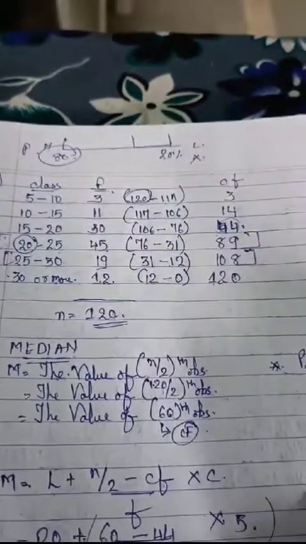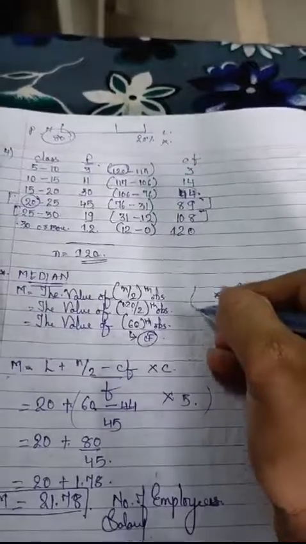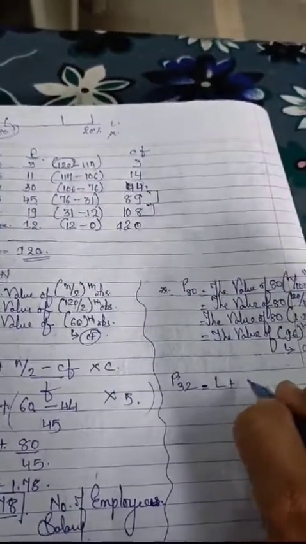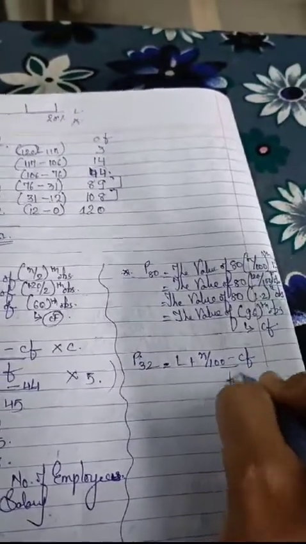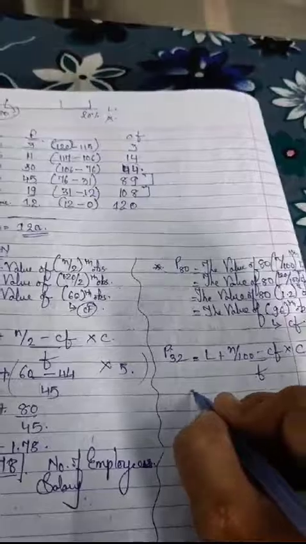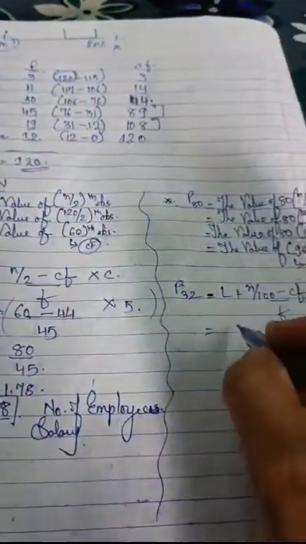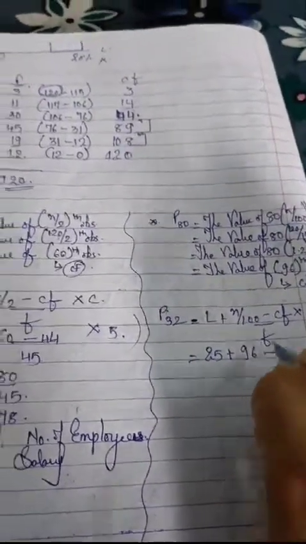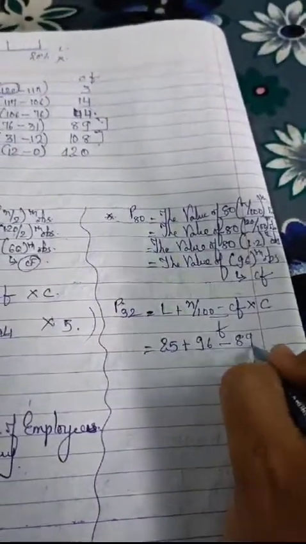Okay, so as per the formula we will find P80 equals L plus n by 100 minus CF upon F into C. So what is L in this class? 25 plus n by 100 is 96 minus CF of the above selected one, so that is 89.